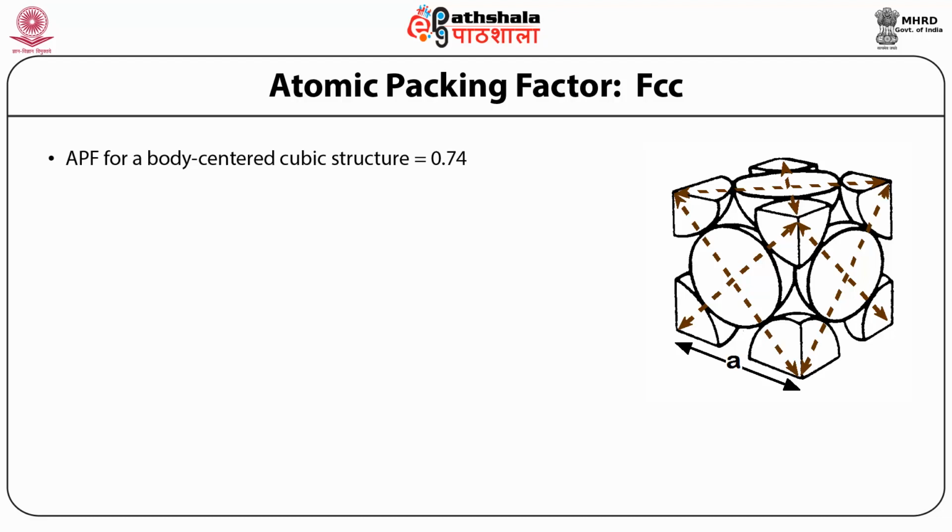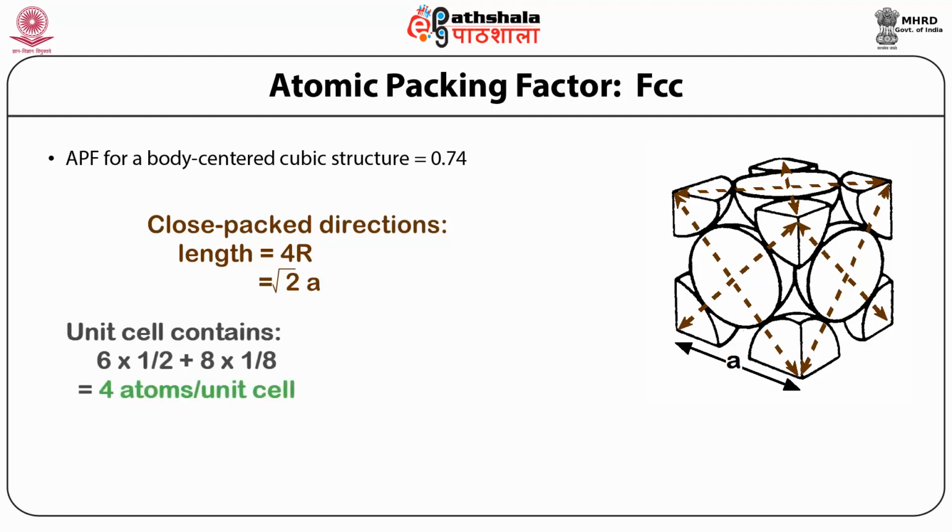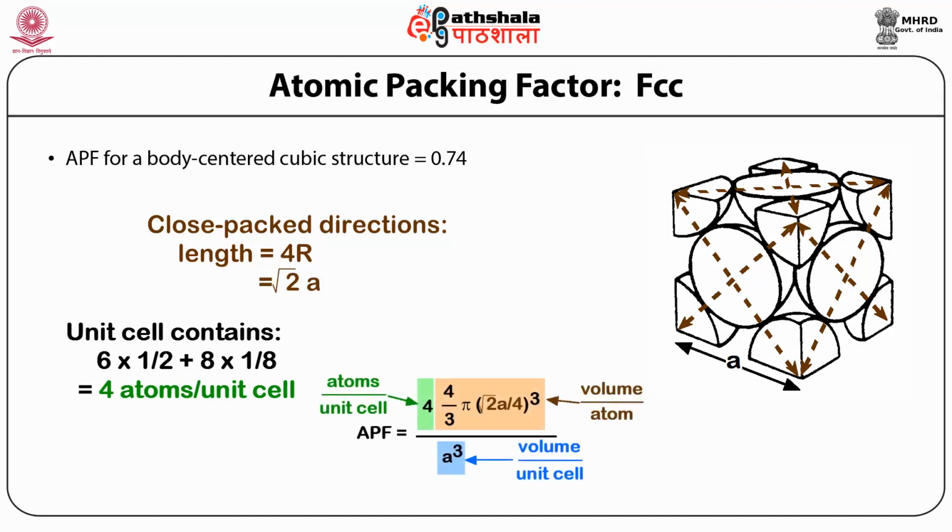So, students, let's see how this 0.74 comes about. For close packed directions, the length is given as 4r, which is equivalent to root 2a. The unit cell contains 4 atoms per unit cell. This comes out by utilizing the formula 6 of 1 by 2 plus 8 of 1 by 8.